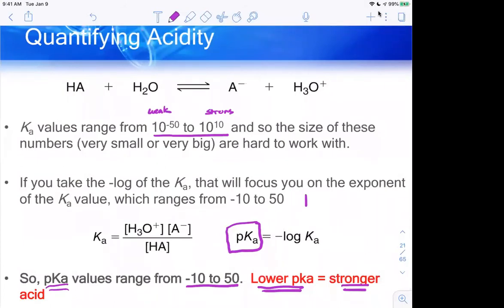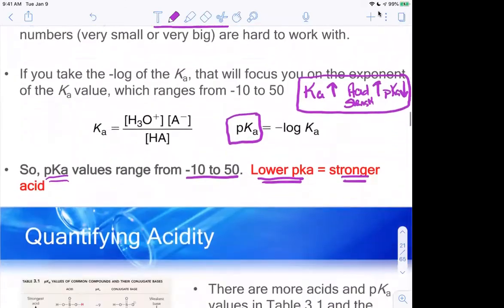Basically, as Ka increases, acid strength increases and pKa decreases. This is going to be a very important relationship. Large Kas give me small pKas, and that is a relationship that I'm going to look at to assess how acidic a particular molecule is.